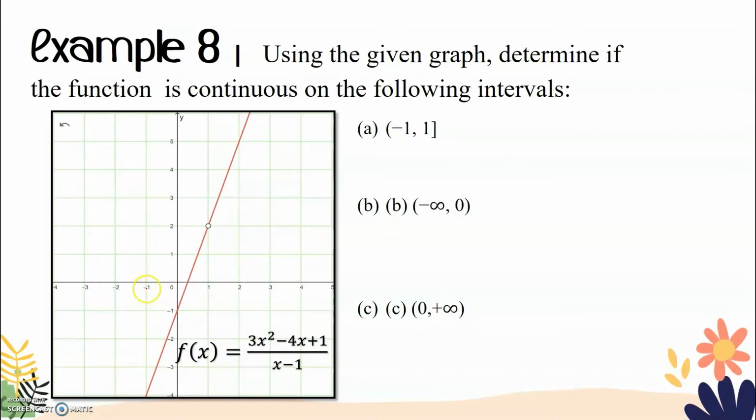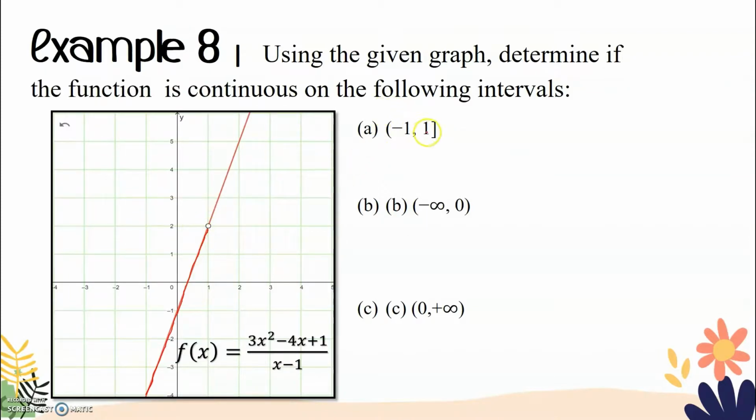From x equals -1 on the graph, tracing the graph going to x equals 1. Alright, we see here that at x equals 1, we have a hole on the graph.